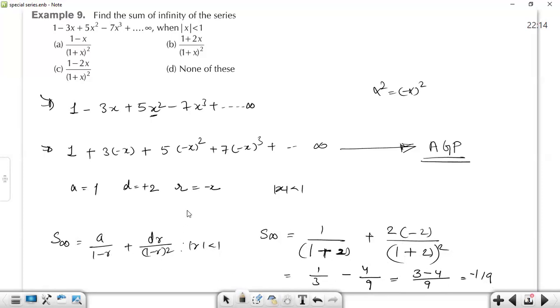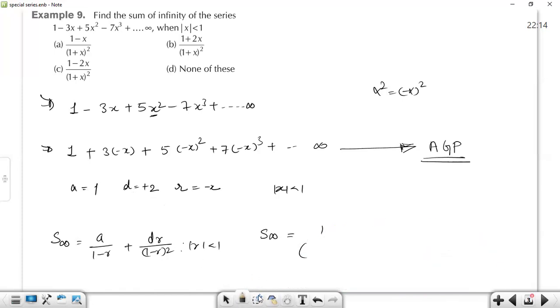We have mistakenly taken r as 2, which was the d. There was a confusion here. We ignored x, so apologies for the mistake. Humanly possible. 1 minus r: 1 minus of minus x becomes 1 plus x. D which is 2 into r, which is minus of x, on (1 minus r) square. So minus of minus x becomes plus, and it's (1 plus x) whole square.